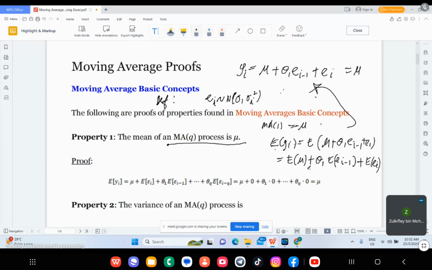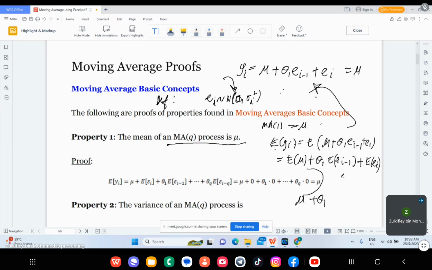Expected of a constant is a constant. So it becomes mu plus theta 1 expected of epsilon I. By definition, the mean of epsilon I, or epsilon I minus 1 or epsilon I minus 2, is equal to 0.